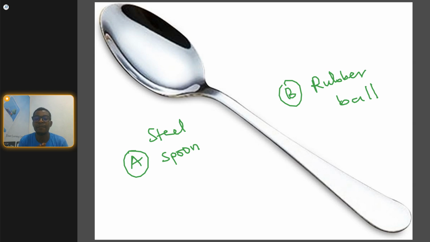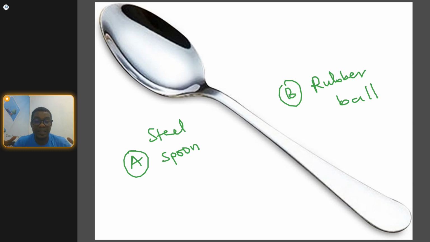Now, elasticity is not what we think it should be. We believe that when an object or material can be compressed easily, that means it is elastic. Yes, it is elastic. But that does not determine that it is more elastic. Because it can easily compress, it means that it has less elasticity.